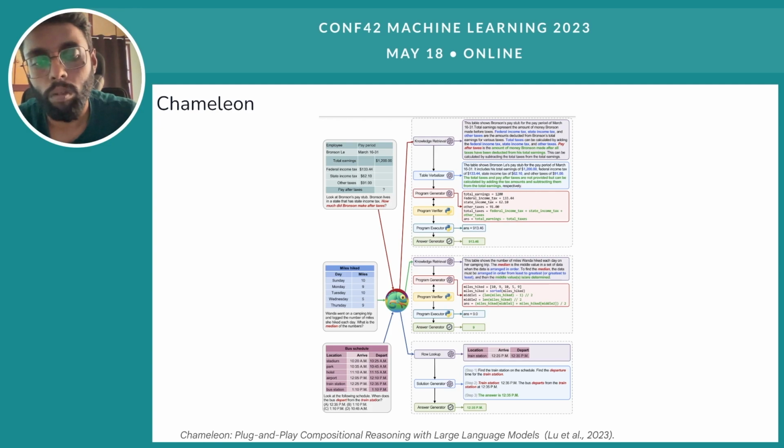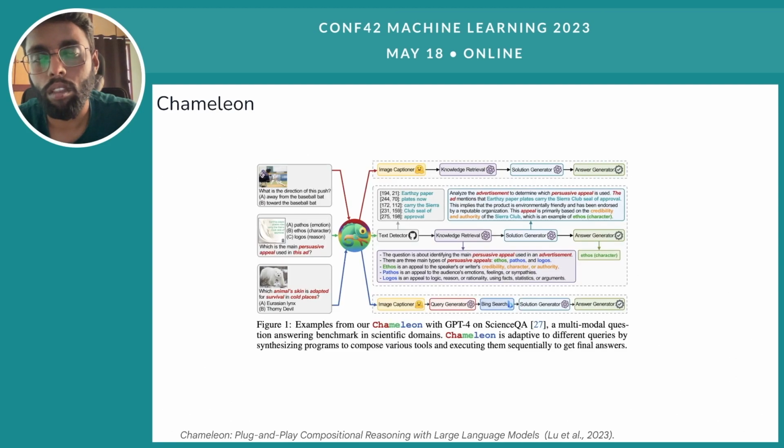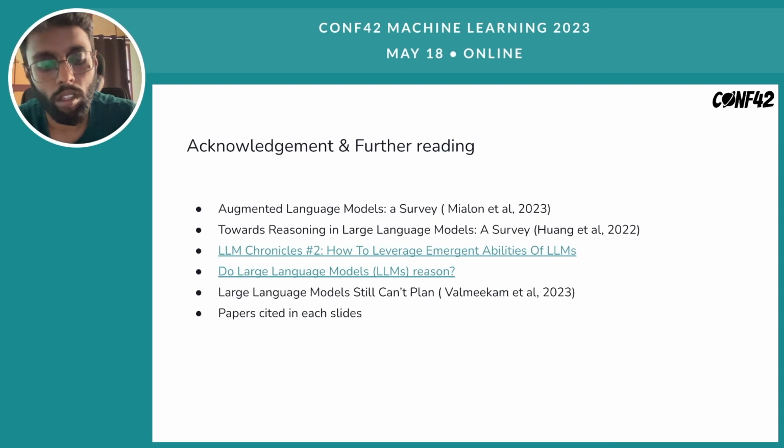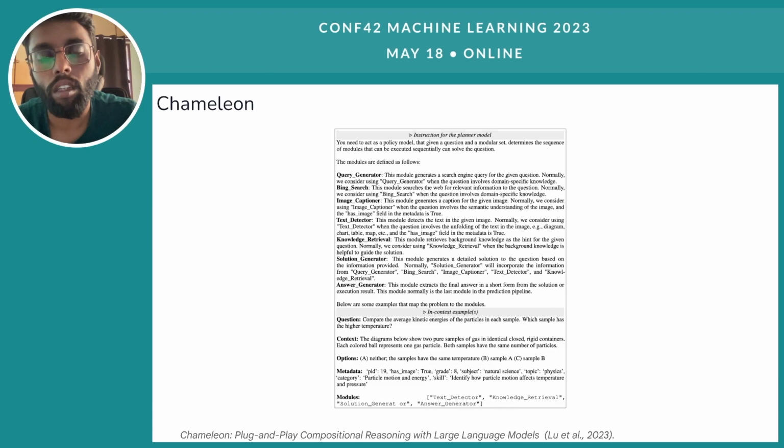So let's see what a prompt looks like for this. As we can see, the instruction or the prompt has different tools that the model can use, and it also has the context of what the question is, what the options are, and metadata of the image.